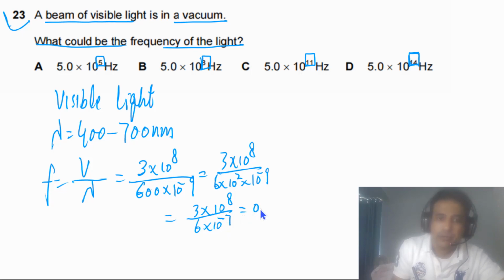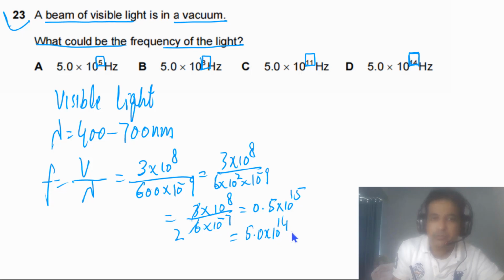This is equal to about 0.5: 3 cancels with 6, we have 2, 1 divided by 2 gives 0.5, and here we get 10 to 15. So we get 5.0 times 10 to 14 hertz. So the answer for this question has to be D.